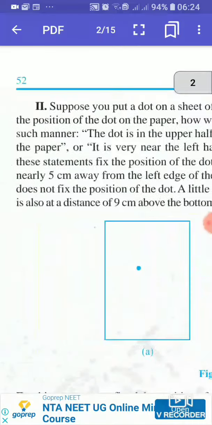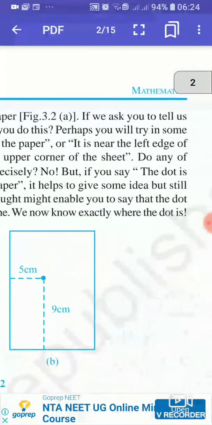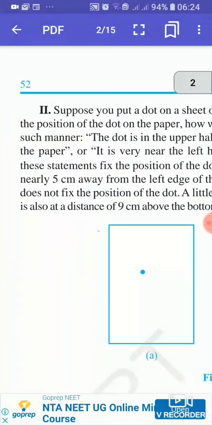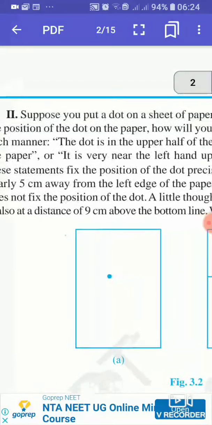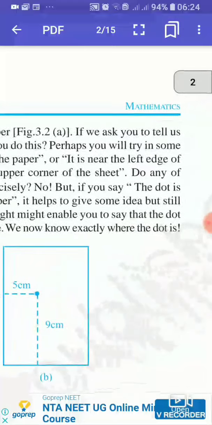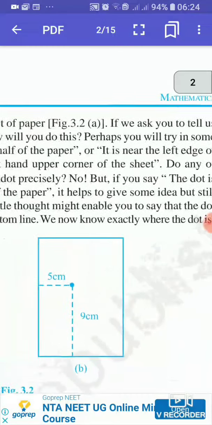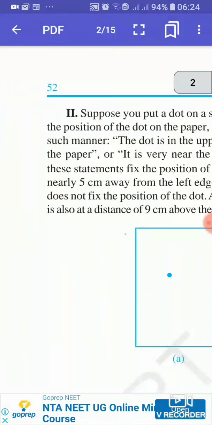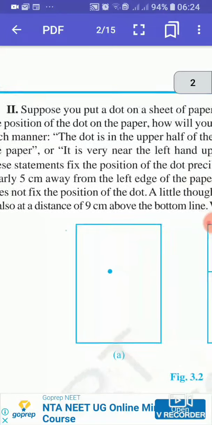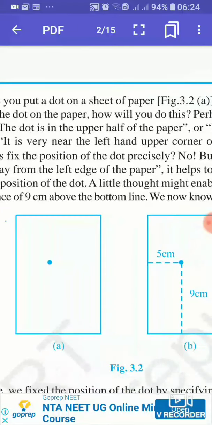Do any of these statements fix the position of the dot precisely?